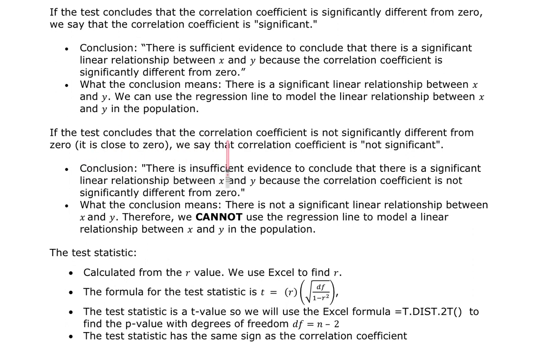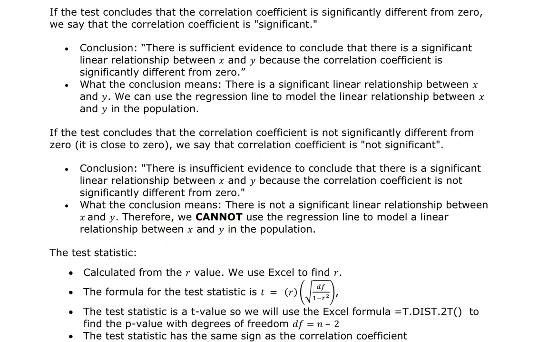If the test concludes the correlation coefficient is not significantly different from 0, could be close to 0, but not significantly different than 0, we say the correlation coefficient is not significant. And we'd write something like, there is insufficient evidence to conclude there is a significant linear relationship between x and y because the correlation coefficient is not significantly different from 0.